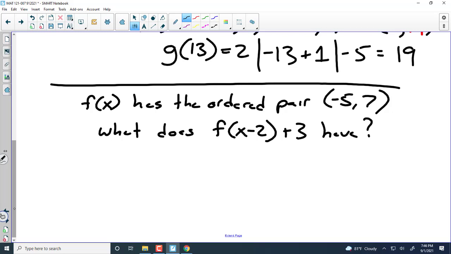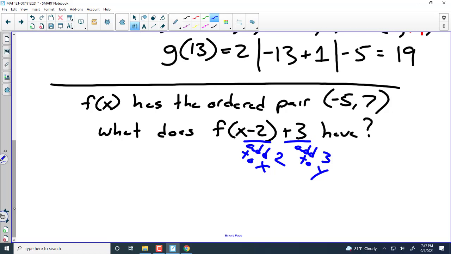It's also the same process we did before, except now we just don't know what the function is. But can we still identify that there's a horizontal shift and a vertical shift here? Yeah, I can see that this -2 is on the inside. So I can see that I add 2 to x. I can see this +3 on the outside. I can see that I add 3 to y.